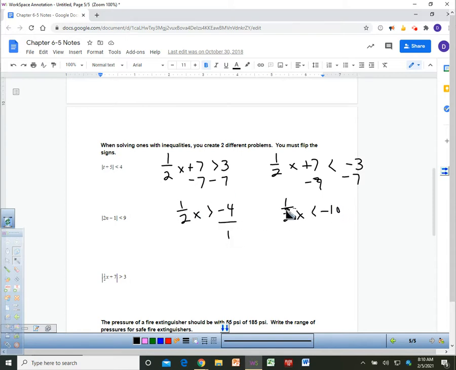To get rid of a fraction, remember we need to multiply both sides by the fraction flipped. So that's going to cancel. x greater than -8 or -8/1. x less than -20 or -20/1.